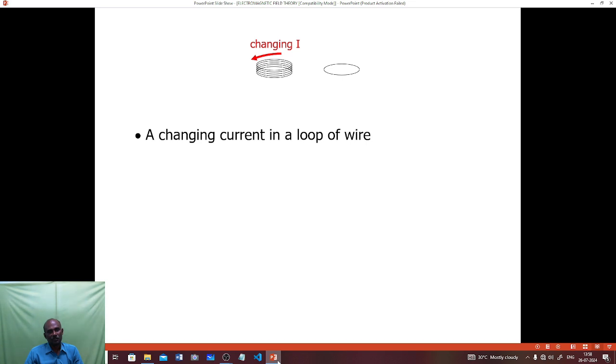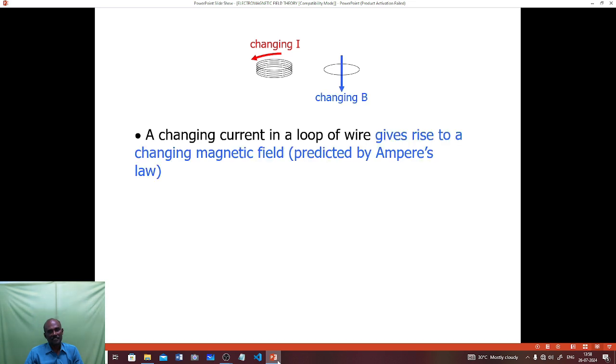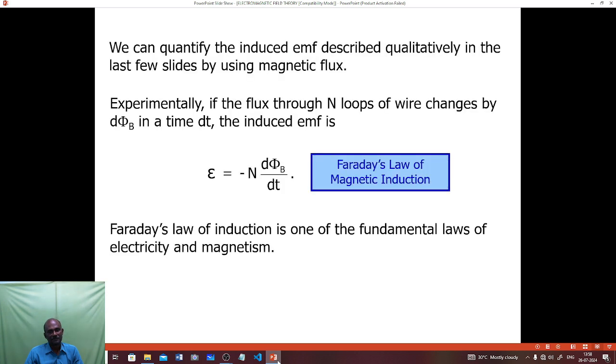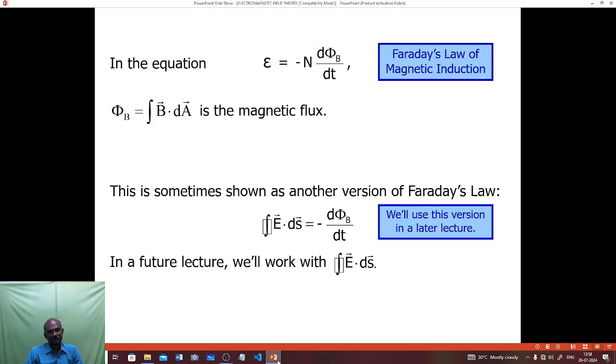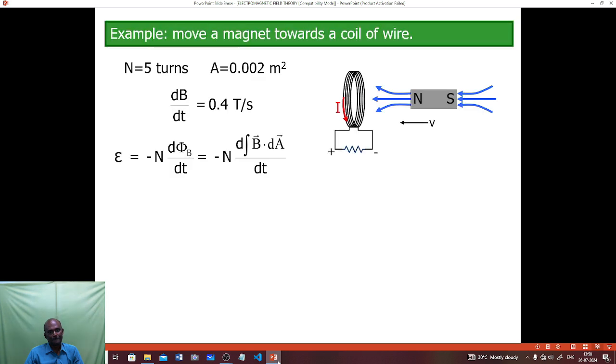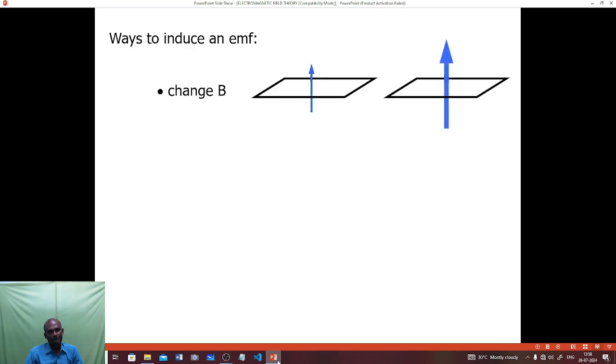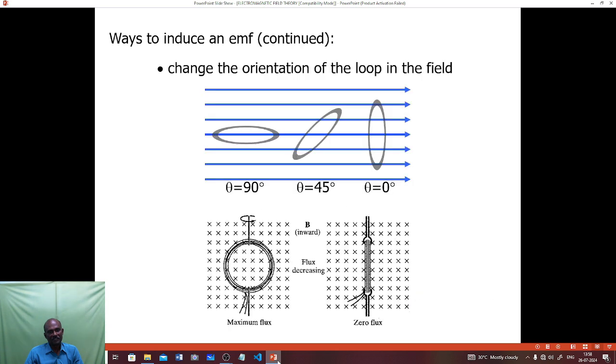Change in current in the loop creates flux changes and induced EMF is produced. That is the generator principle. So induction of electromotive force.